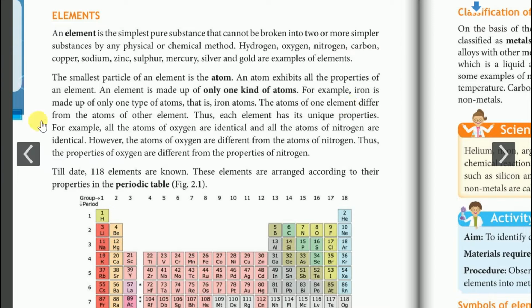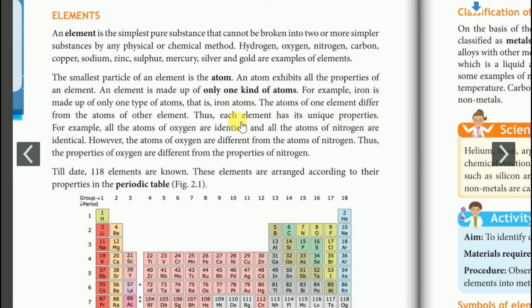The atoms of one element differ from atoms of another element. Definitely, because the properties of the elements are different for different cases. That's why the properties of the atoms are different from one element to another. Thus, each element has its unique properties.